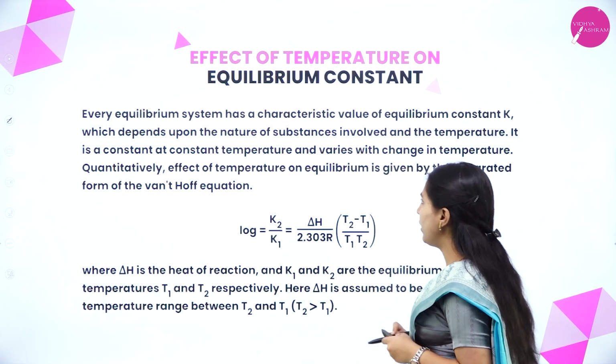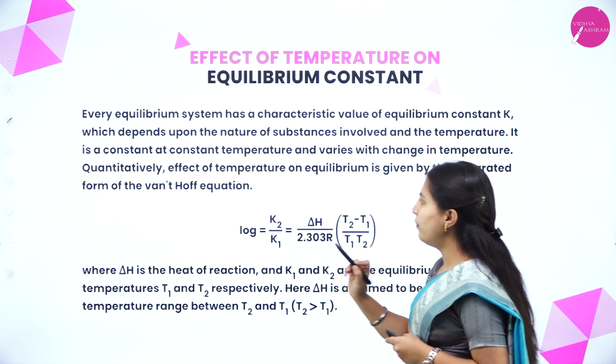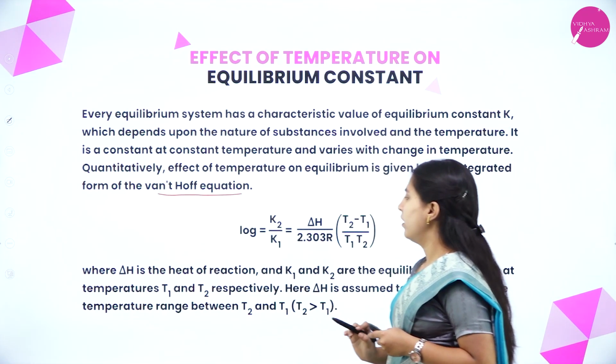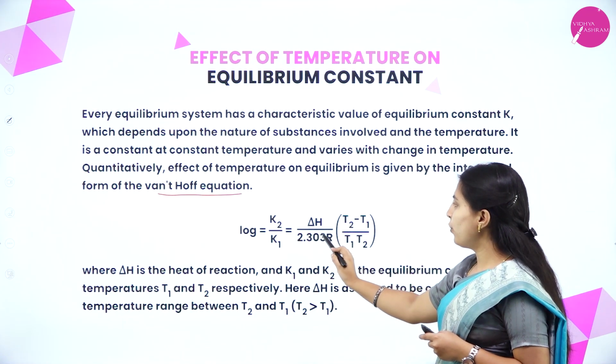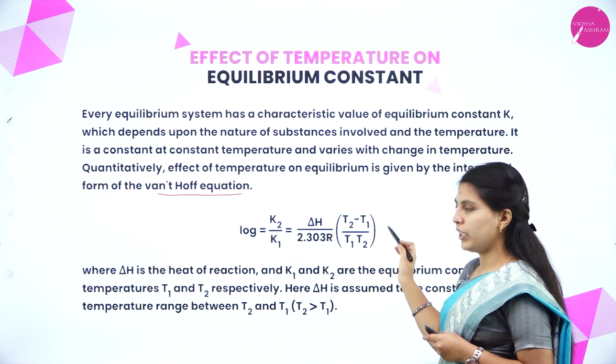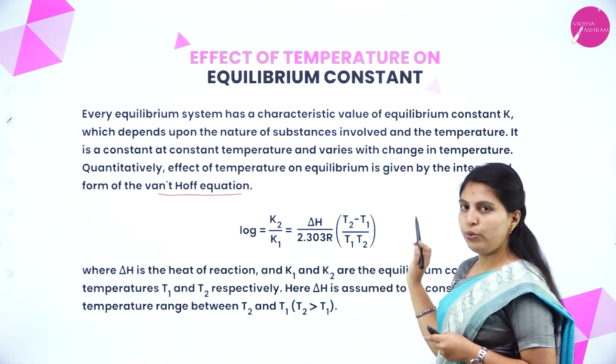Quantitatively, the effect of temperature on equilibrium is given by the integrated form of the Van 't Hoff equation. Log K2 by K1 equal to delta H by 2.303 into R, into T2 minus T1 divided by T1 into T2.